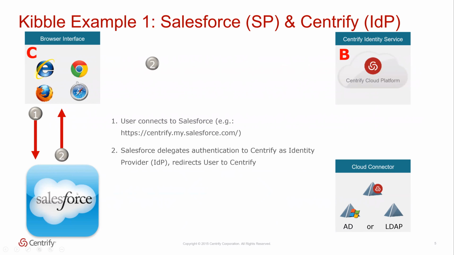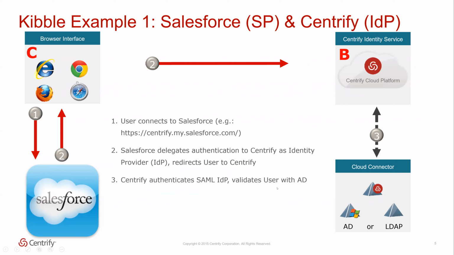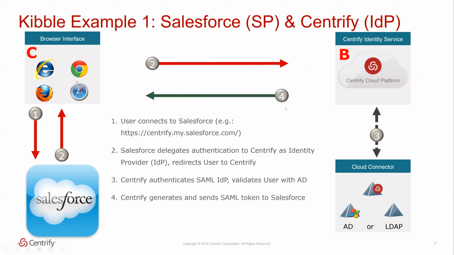Salesforce will send me to Centrify, and then Centrify authenticates me with whatever method. If IWA is set up and I'm within the company network, that's great, that's seamless. If I'm outside, there's an MFA configured, I go through that. After that's all set, it's done. Then I've logged into Centrify. Then Centrify will redirect me back to Salesforce with a SAML token.